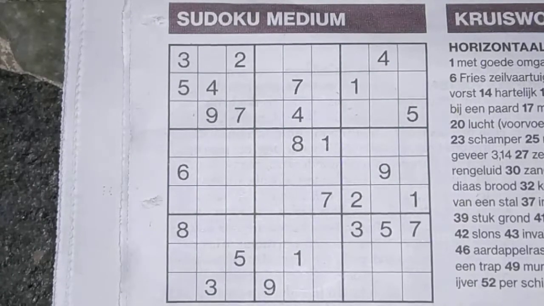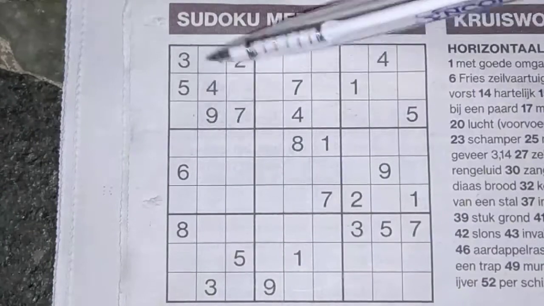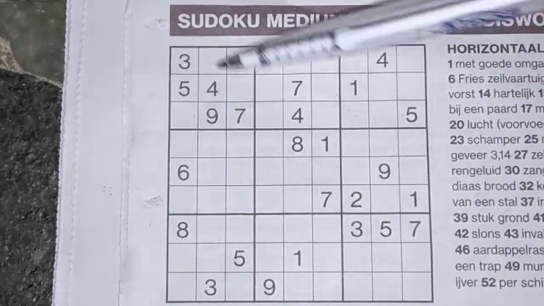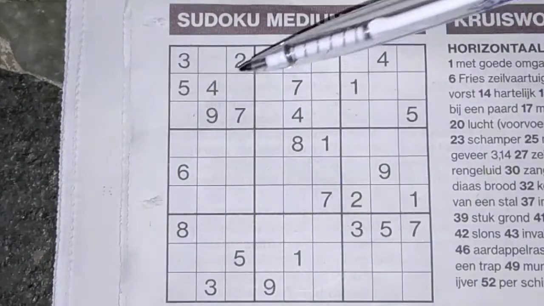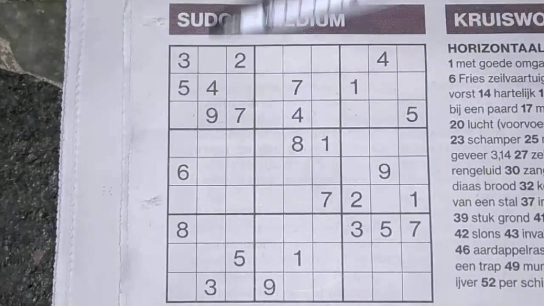Alright, we see here 1, 2, 3, 4, 1, 6. These three missing numbers in this big square. The missing numbers here are the 1, 6, and 8.